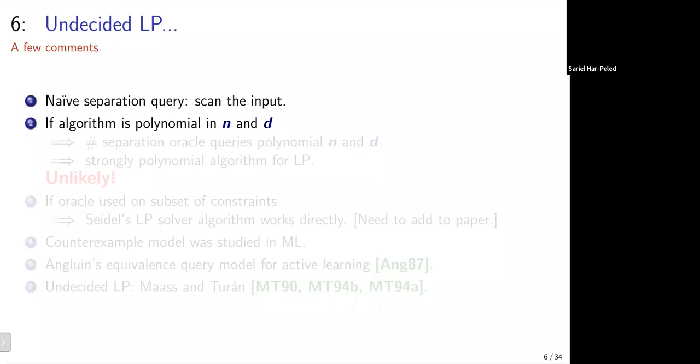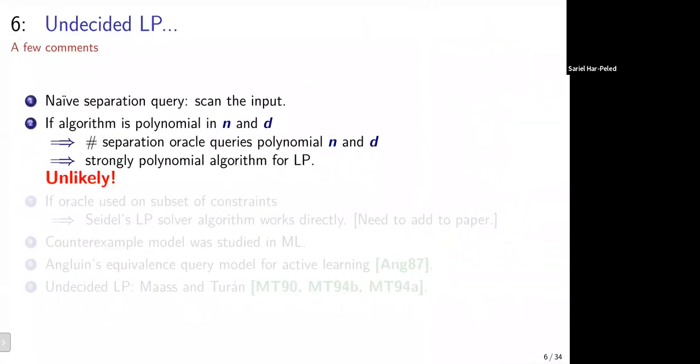So I take a regular LP and I treat it as an undecided LP. And if I had an algorithm that's polynomial in N and D for undecided LP, then since I can implement the oracle in linear time, I will get a polynomial time algorithm in N and D for linear programming, which is unlikely, right?